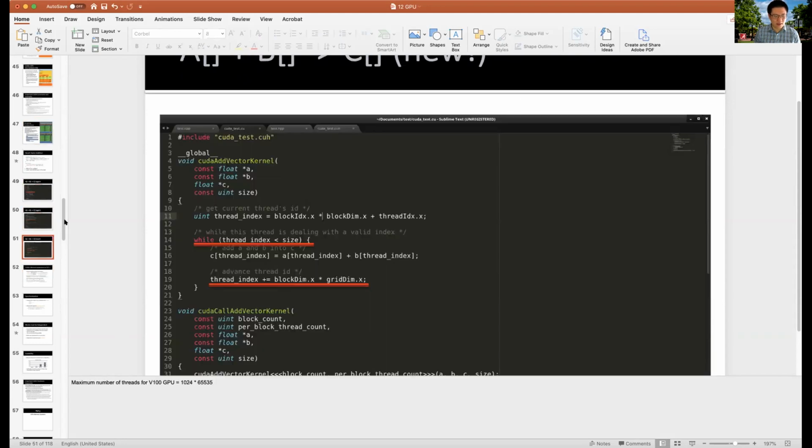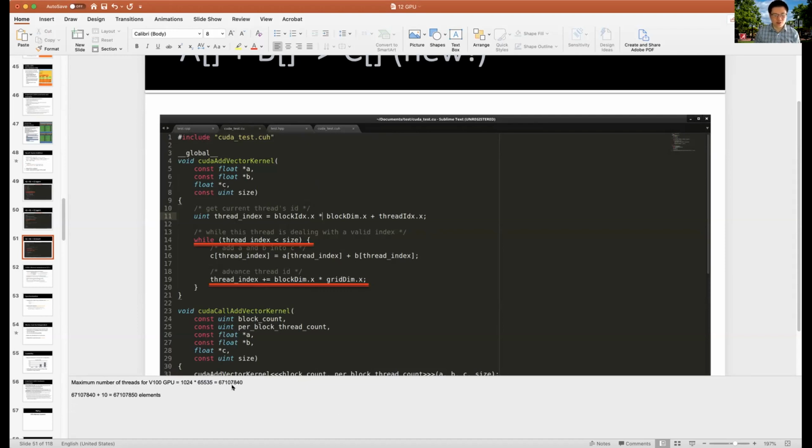And how many threads, maximum, can we have? I remember a student calculated this in the last lecture. I just calculate the number here. For example, if I have such an amount of elements, how should I assign the elements to the threads?